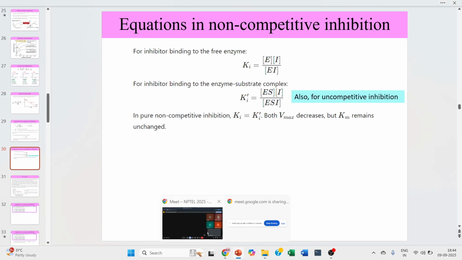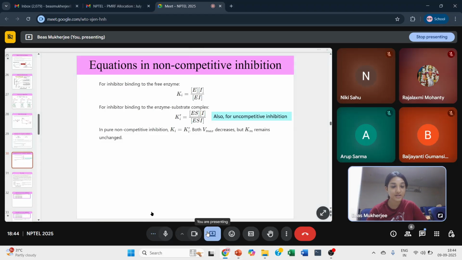Now equations for non-competitive inhibition. So I know that right now as I'm talking, it sounds like this is way too much to remember. But once you start practicing, it will become simpler. Okay, so as you practice, you will realize that there is some logic in all of this and you'll be able to understand this better. Okay, so for inhibitor binding to free enzyme, this is the equation.